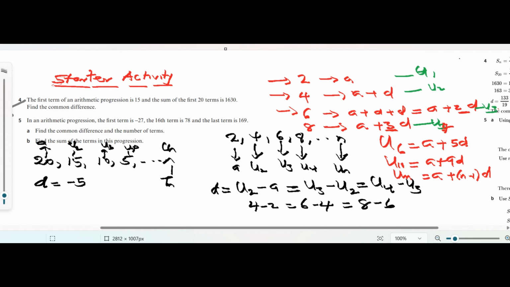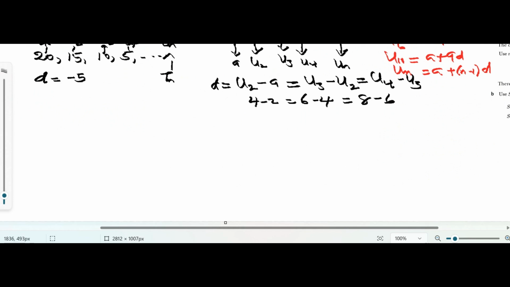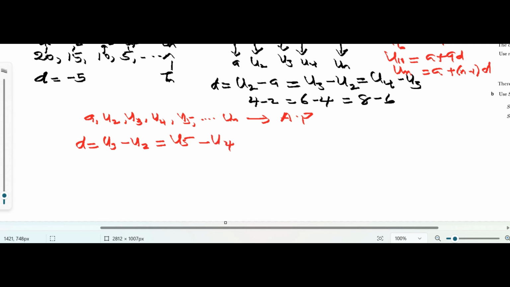And that is the formula for calculating the nth term of an arithmetic progression. So the common difference will always be U3 minus U2, or U5 minus U4, or Un minus Un minus 1.